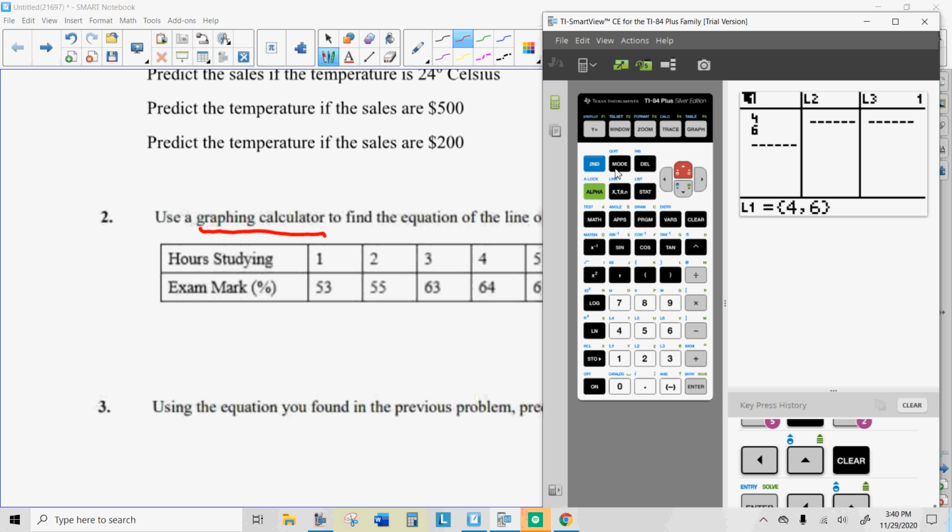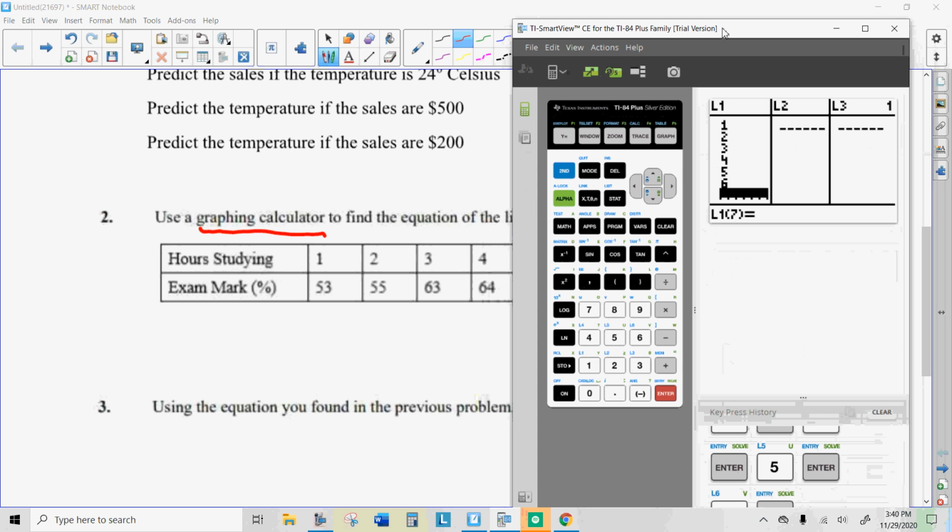We're going to put the hours studying in L1, so that's just the numbers 1, 2, 3, 4, I think it's going up to 8, right? So put in all the data.